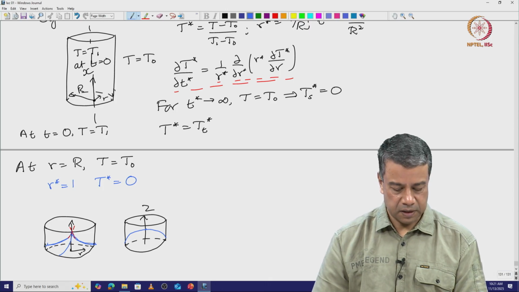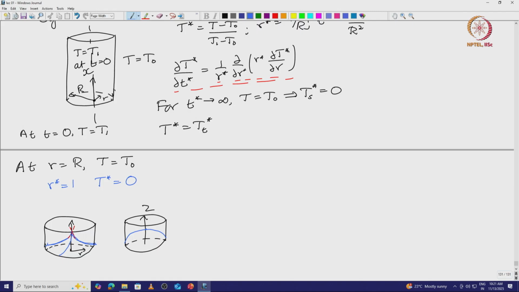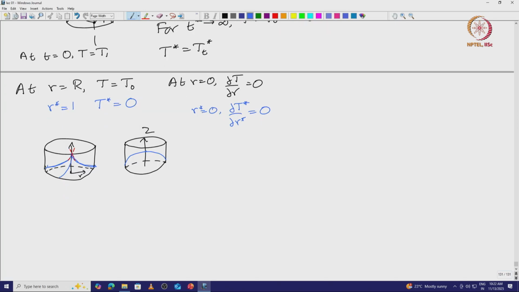Therefore, symmetry requires that at r is equal to 0, partial T by partial r is equal to 0, which means that at r star is equal to 0, partial T star by partial r star has to be equal to 0. Only then will you get the same temperature regardless of which direction you approach the center. So, this is what is called a symmetry condition.